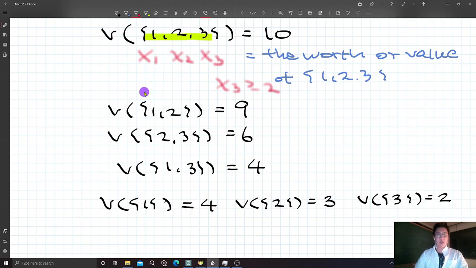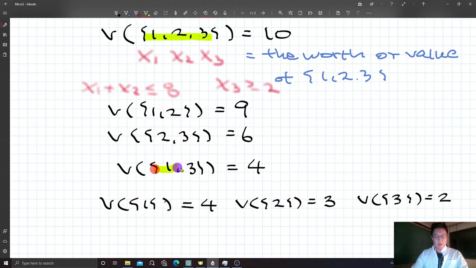So that means x1 plus x2, the sum of the first two players' shares, cannot exceed 8. But in this case, players 1 and 2 will not join this coalition because by making a separate team between these two players, they can enjoy a higher surplus, right? So for this reason, this grand coalition is not sustainable.